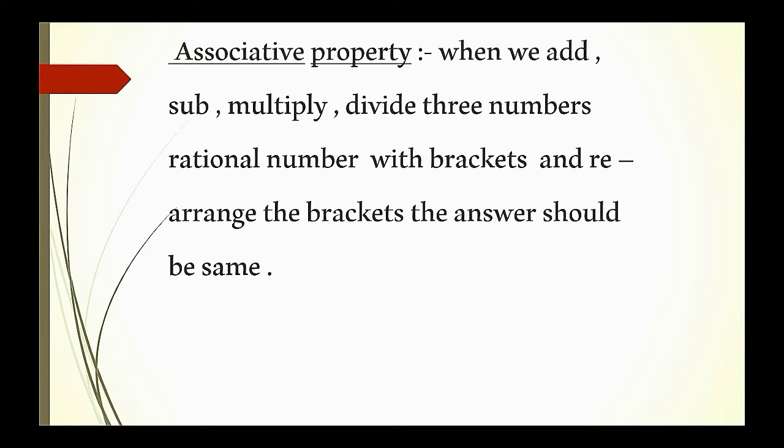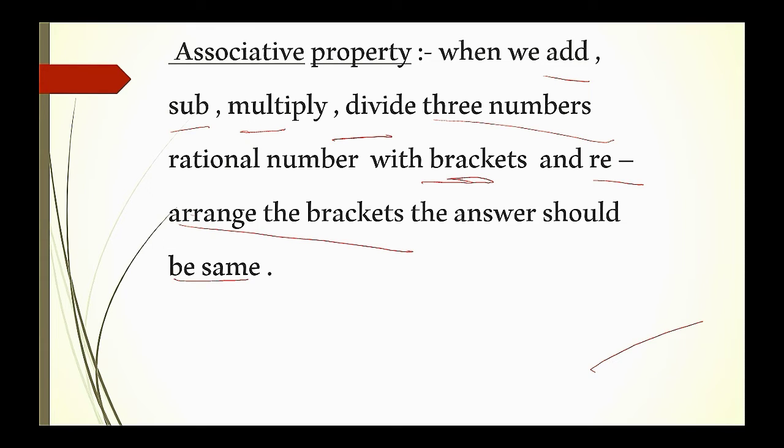Next, the associative property. When we add, subtract, multiply or divide three numbers with brackets and rearrange only the brackets, the answer should be the same. Let me show you with an example of variables.